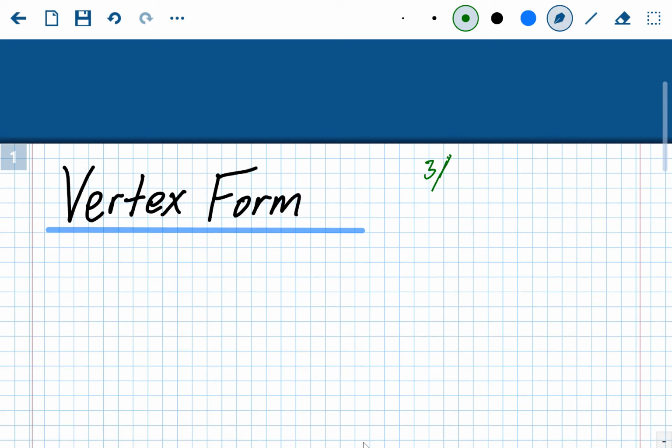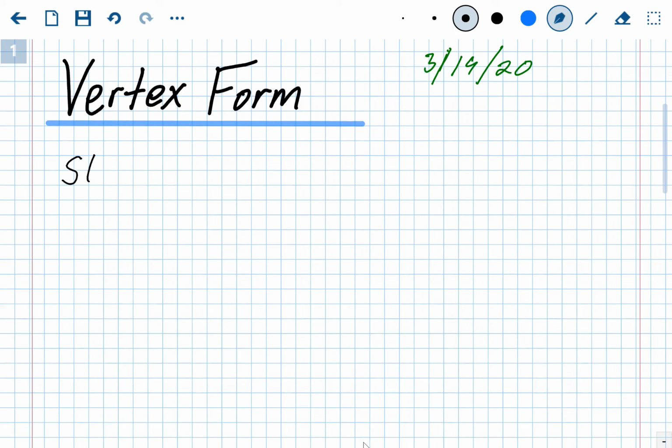Okay, so a quick recap. Standard form was f of x equals ax squared plus bx plus c.